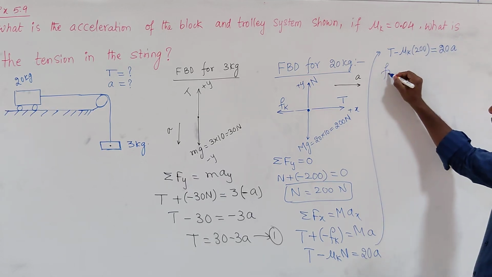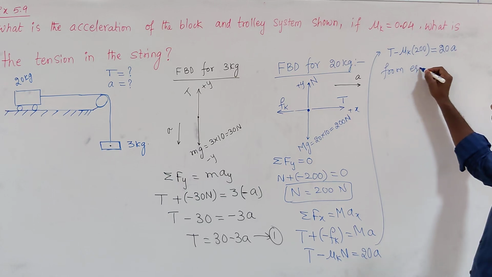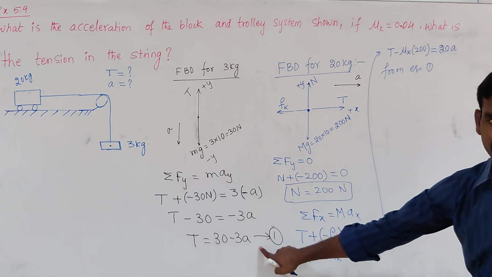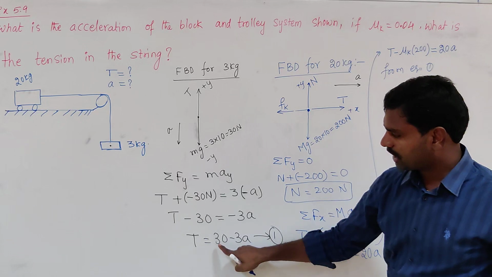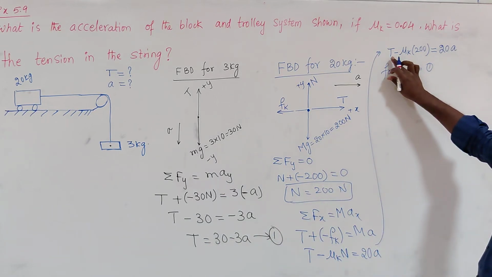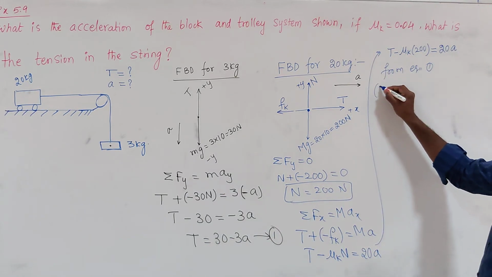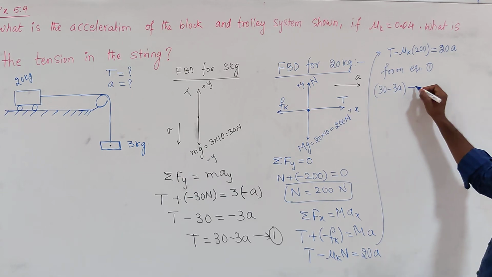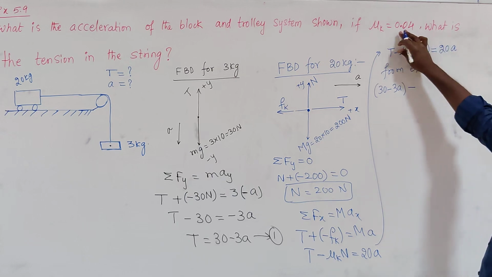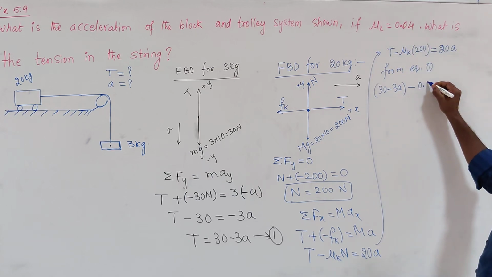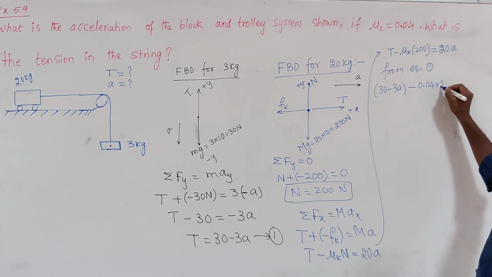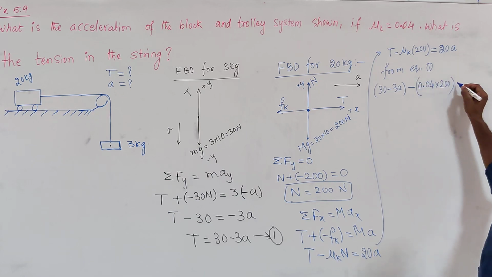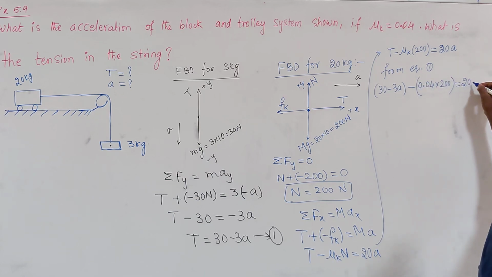From equation 1, T is equal to 30 minus 3A. So we can replace the T value. T is 30 minus 3A minus mu k into 200. What is mu k? 0.04 into 200 equal to 20A.